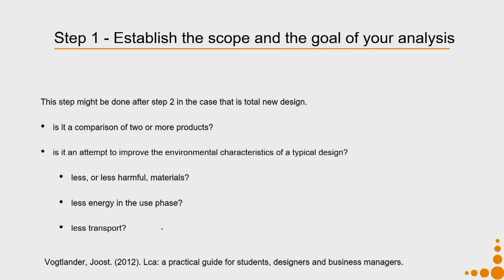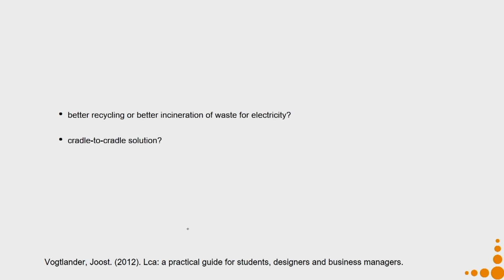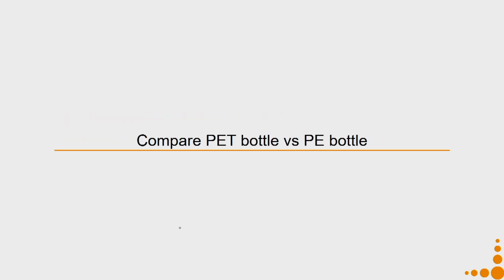As we had already discussed, the functional unit or the declared unit has to be the same, the products should be comparable. So, we are going to compare this PET bottle and PE bottle on a functional unit which is the same for both.